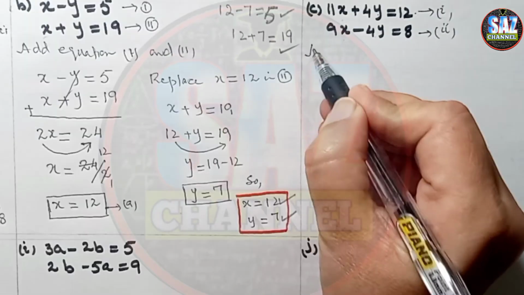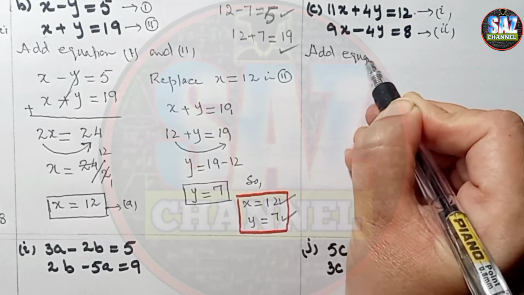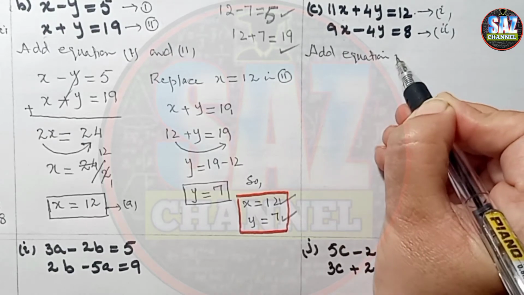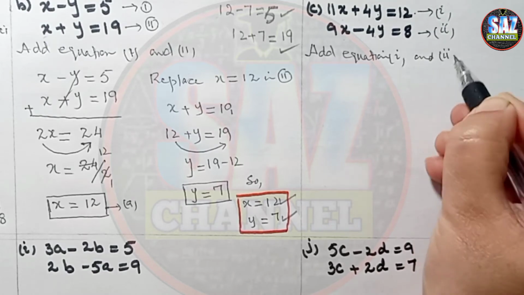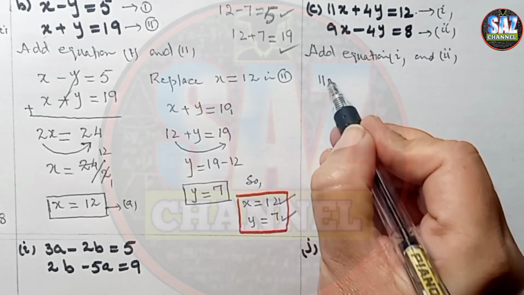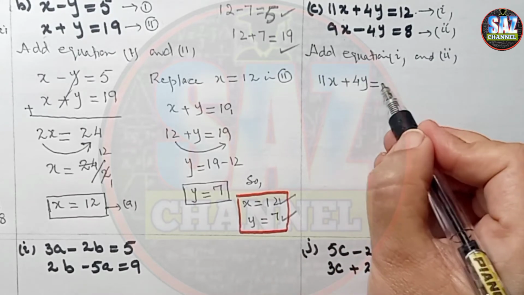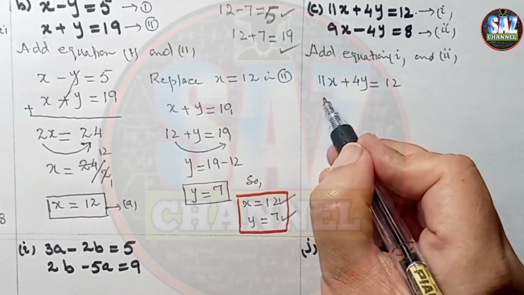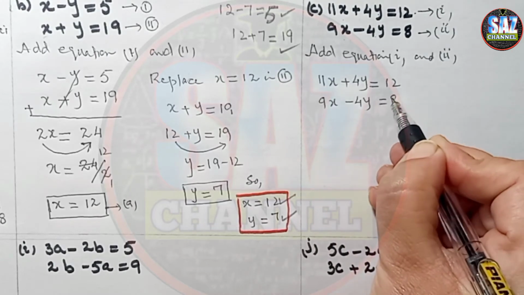So add equation 1 and 2. So what we will be getting: 11x plus 4y equals 12 and 9x minus 4y equals 8.